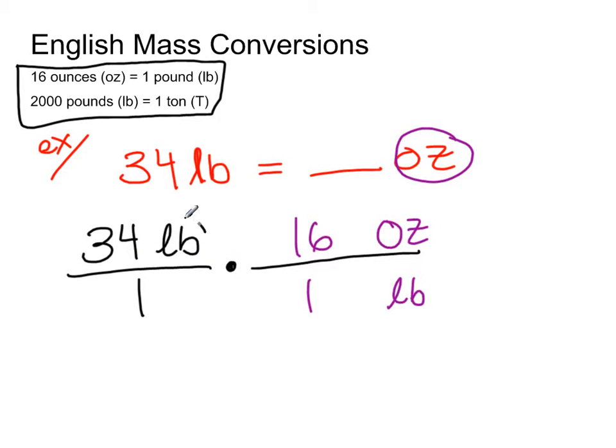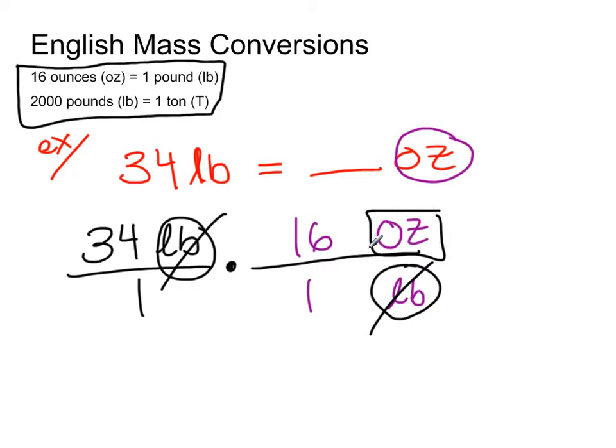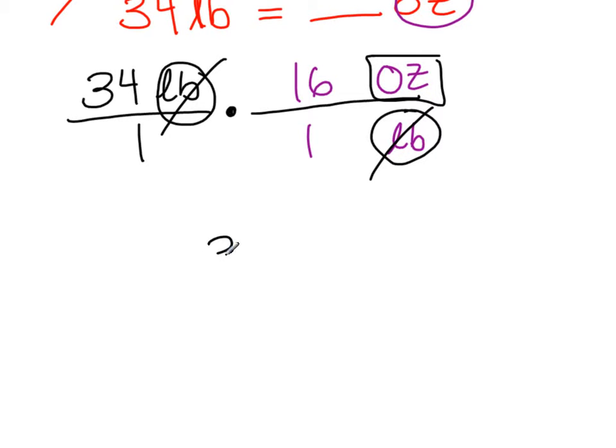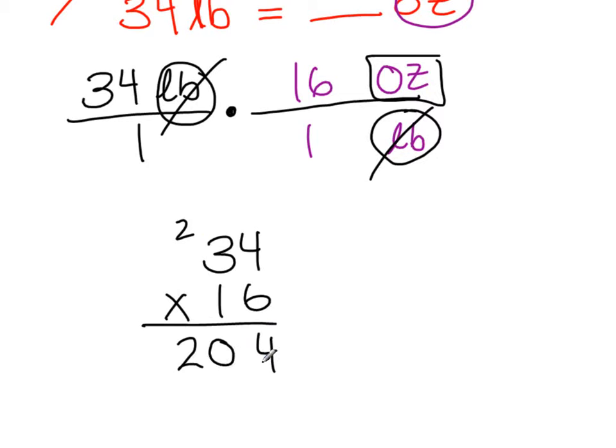Now with this, pounds in the top and in the bottom, they cancel out. We're left with ounces. That's what we were hoping for. And we just have to multiply these two numbers together. We have 34 times 16. So we'll go ahead and multiply. 6 times 4 is 24. Carry the 2. 6 times 3 is 18, plus the 2 is 20.